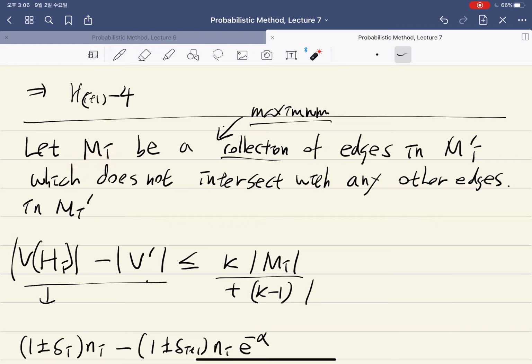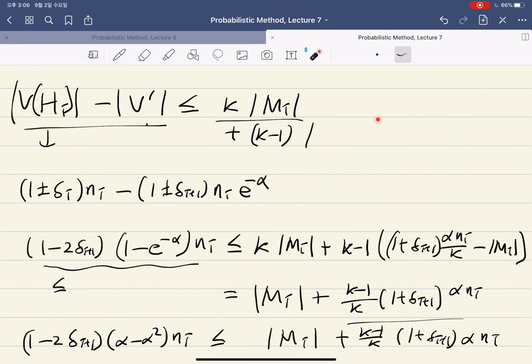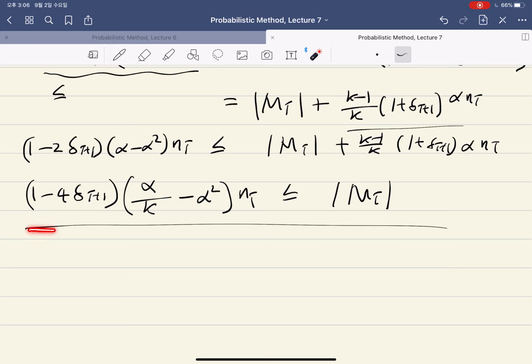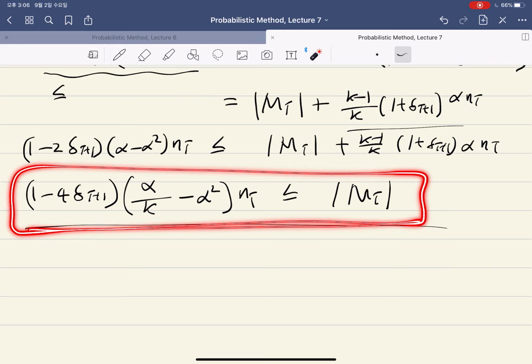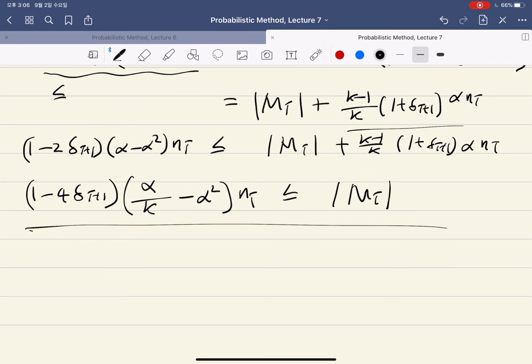But you already know that it covers a near maximum number of vertices. That means most of the edges must be already disjoint, except a small number. So you can actually compute this. So this is the computation. It shows that MI has to cover at least this many edges, and MI is a matching.